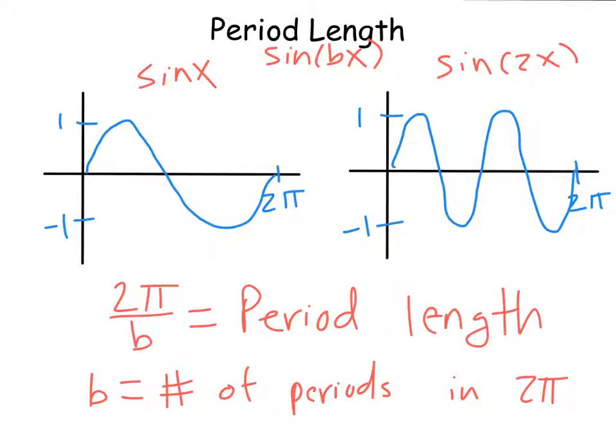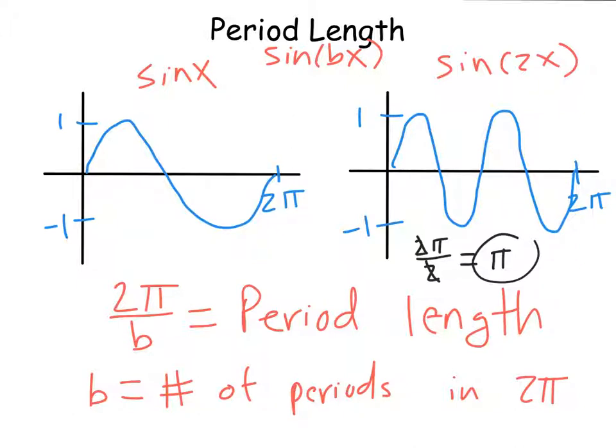Now let's think about the period length, because that follows this formula. A common mistake is to say that B is 2, so the new period length, that's not 2 pi, now it's 2. Well, no, it's not. If we take that formula and plug in b, the 2's cancel. There is your period. It's now pi.